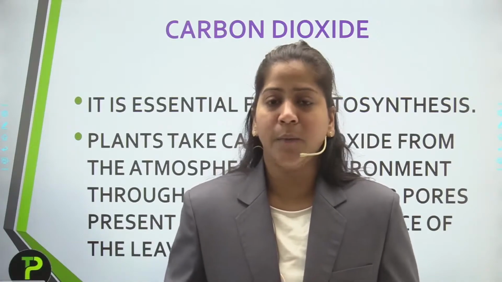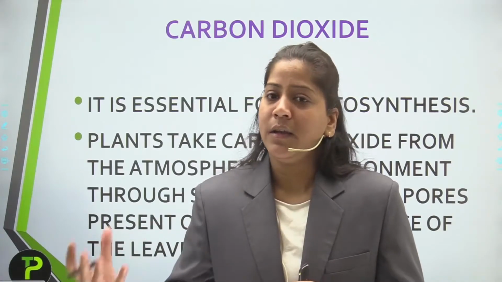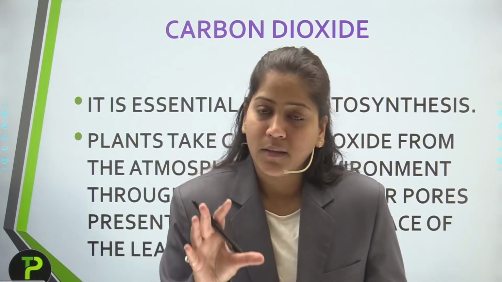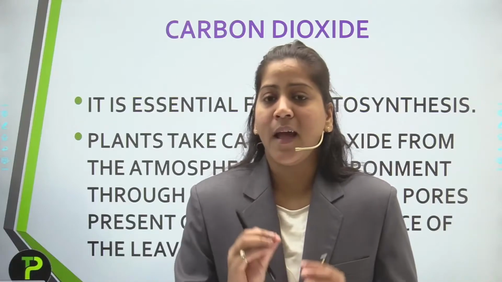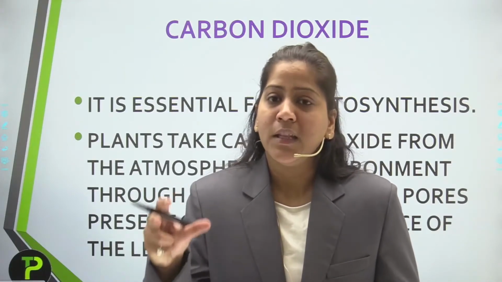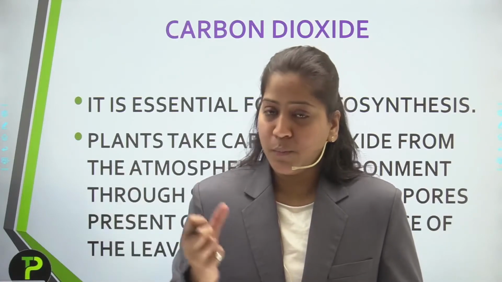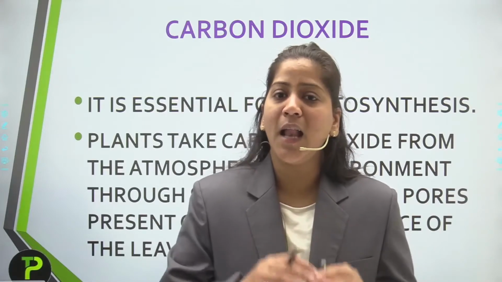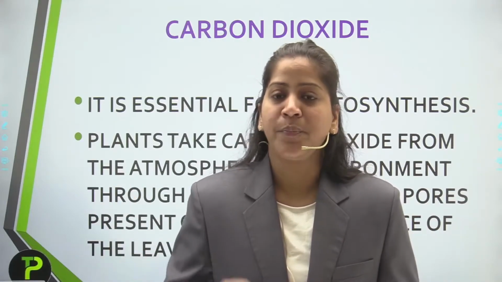Plants need carbon dioxide for photosynthesis. The cells of plants have tiny pores or openings known as stomata. These stomata absorb carbon dioxide from the environment and help in the process of photosynthesis.